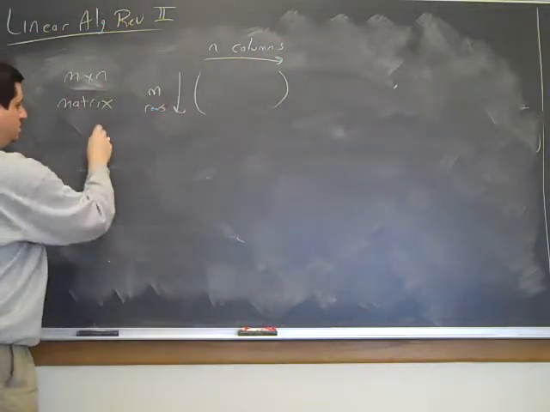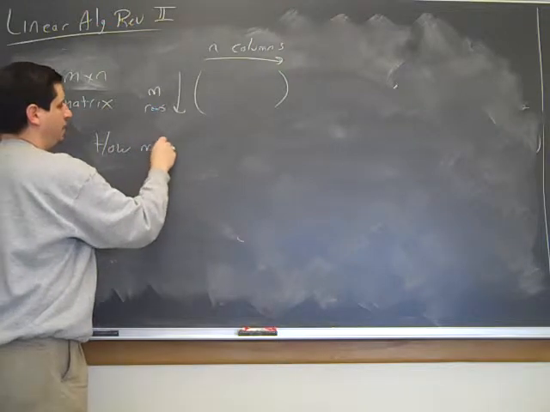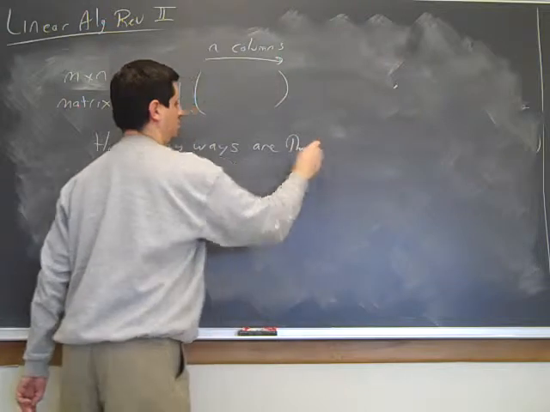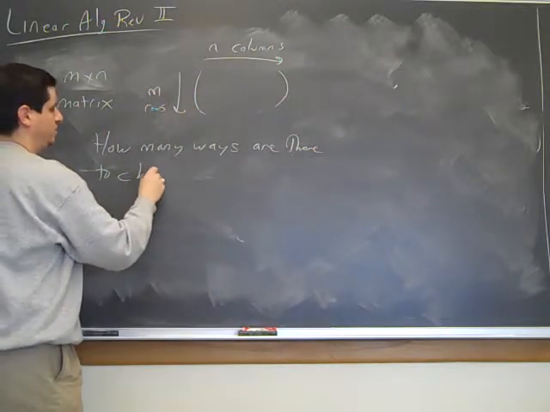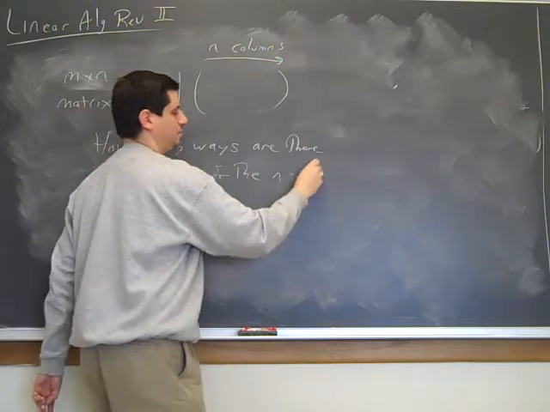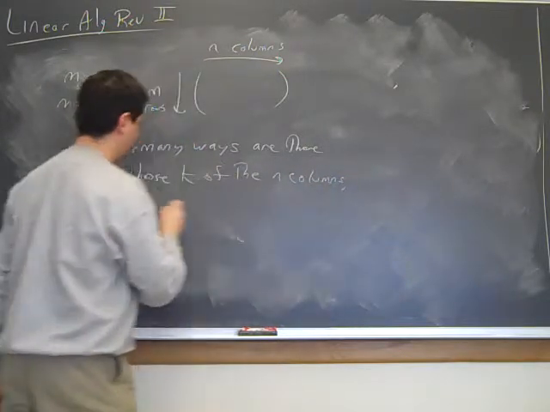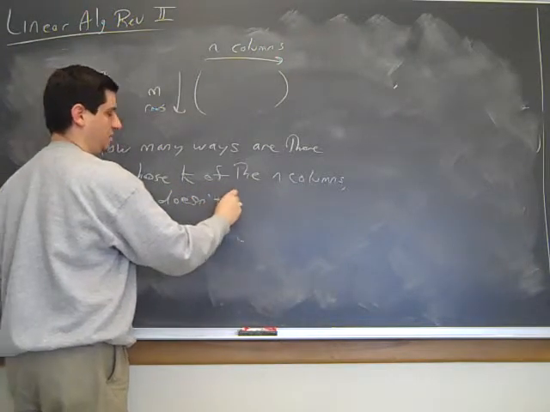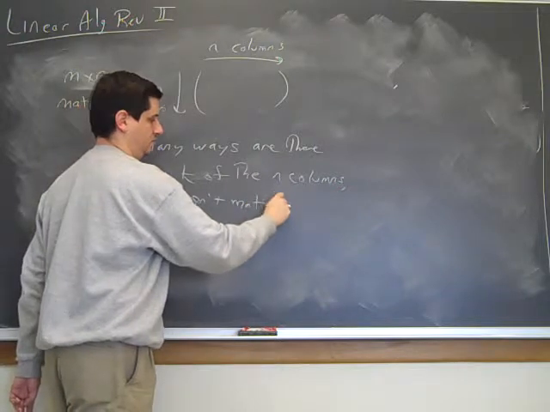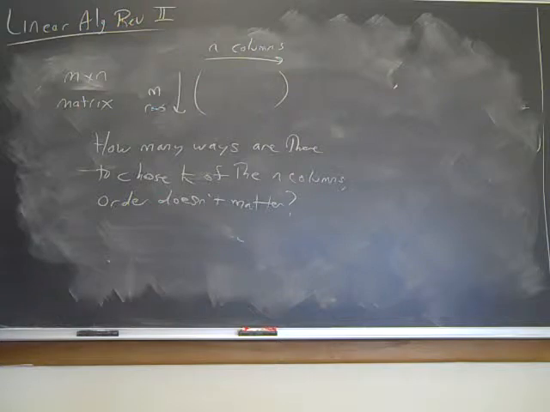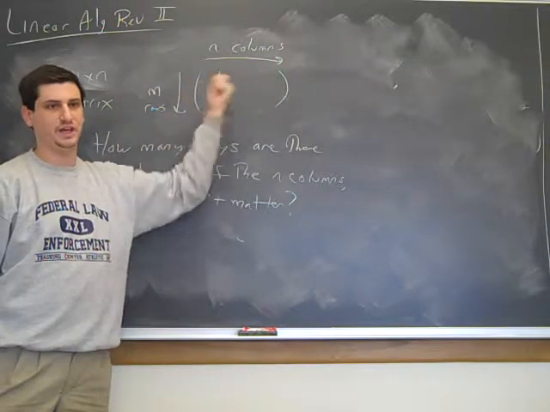And so what I want to do is, how many ways are there to choose k of the n columns? Or it doesn't matter. So how many ways are there to do that? So I have n columns, and I want to choose k of the n columns.